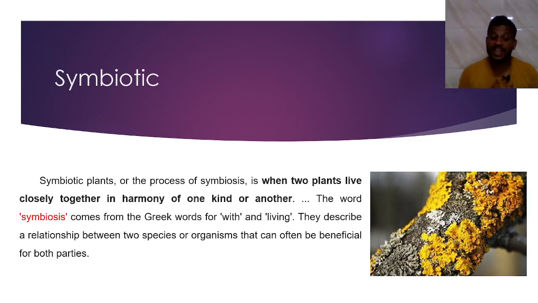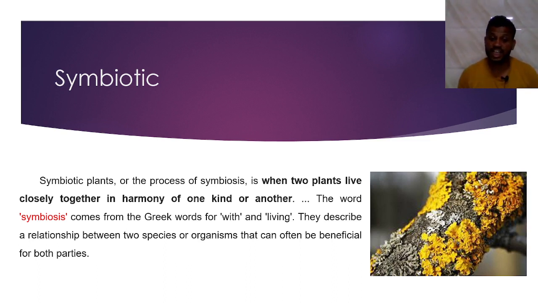They describe the relationship between two species or organisms that can often be beneficial for both parties. It means they exchange the nourishment with each other, and that is known as symbiotic plants.